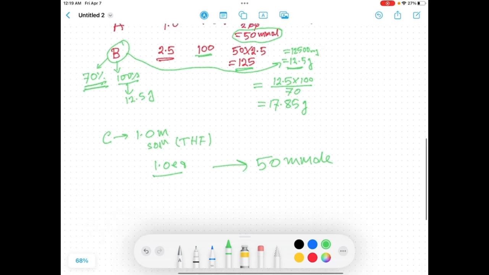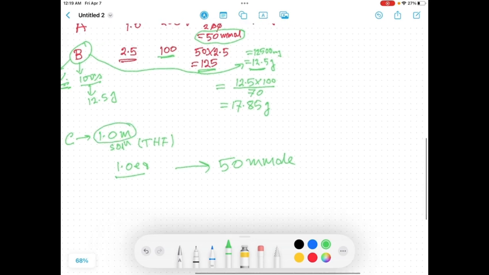If it is 1 molar, how much do you need, since it is a liquid? Remember that if it is 1 molar, the amount will be 50 millimole divided by 1 molar, so you will need 50 milliliter of it.